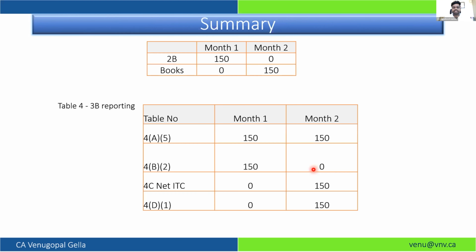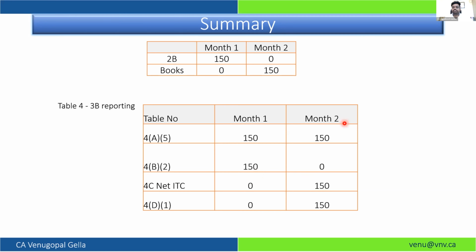Okay. So this is the example I discussed in the previous slide. In month 1, credit is reflecting in 2B, but I don't have any credit in my books. In the subsequent month, I have credit in my books, but ITC is not reflecting in 2B, as it was reflected in the previous period, not in the reporting period. So in the first month, I will not alter the figure reflecting in 4A5, but I will reverse it under temporary reversal 4B2.